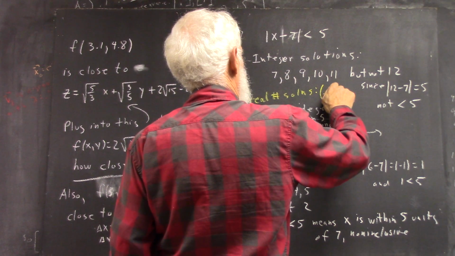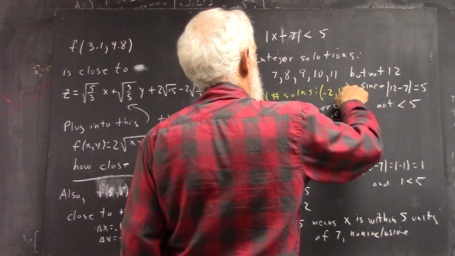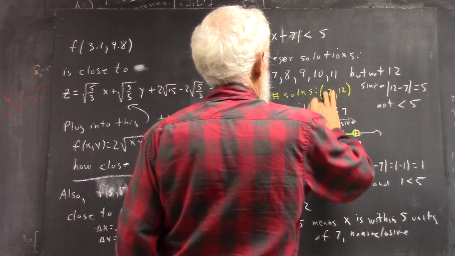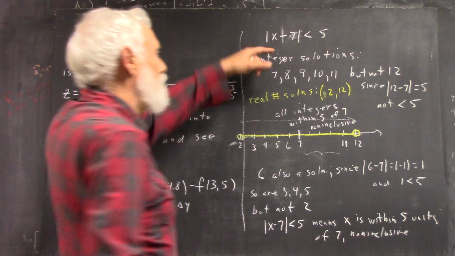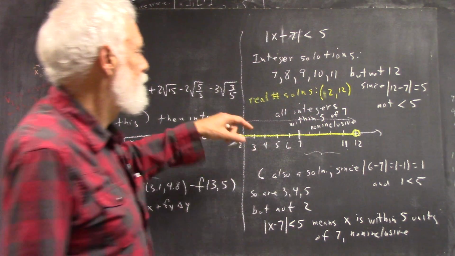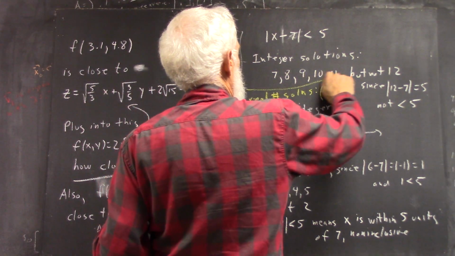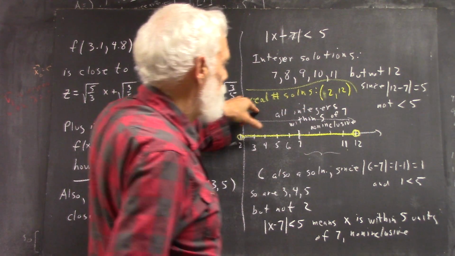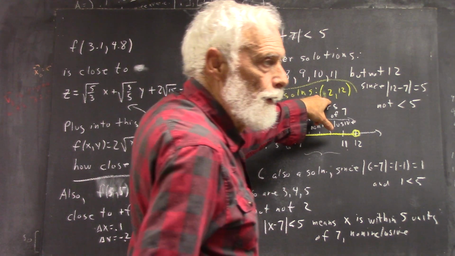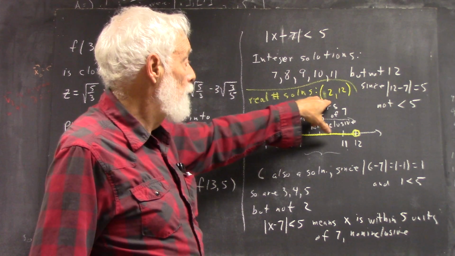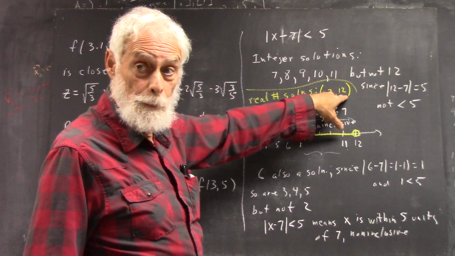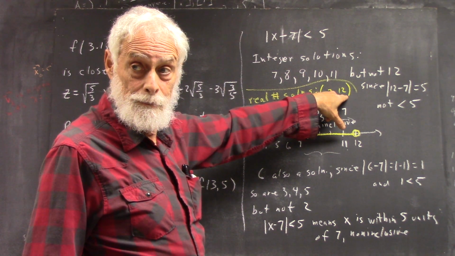And I'm going to say that's the interval from 2 to 12. And it's not negative 2. I don't know what's the matter. It's the minus that I keep focusing on. So the real number solutions are x values in the interval from 2 to 12, right? Okay?